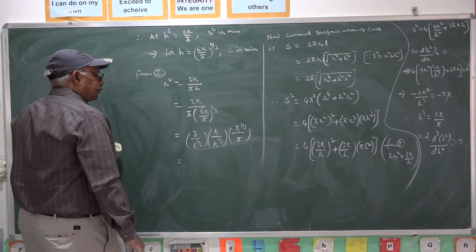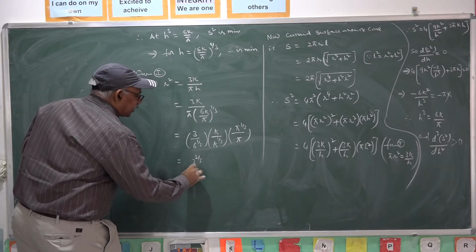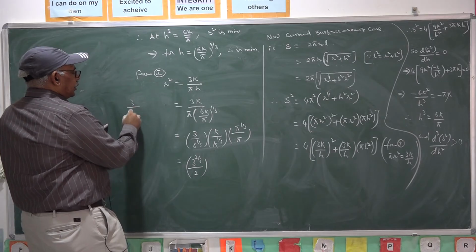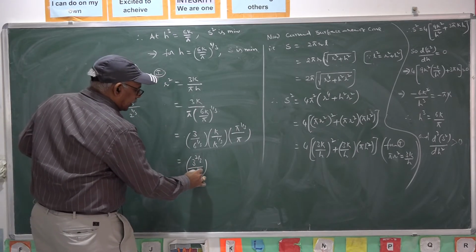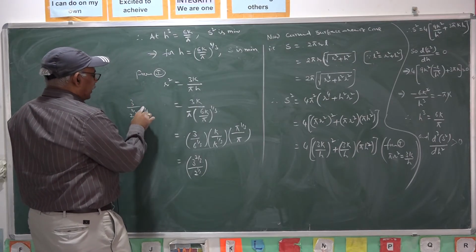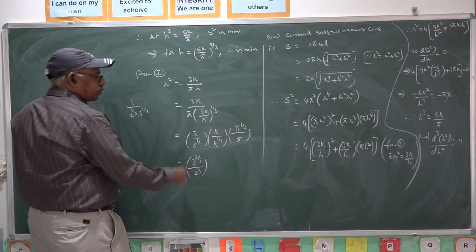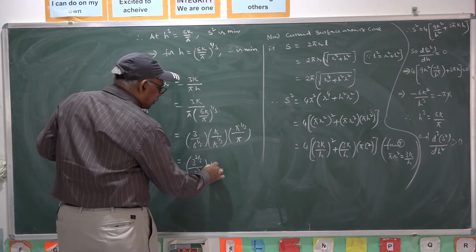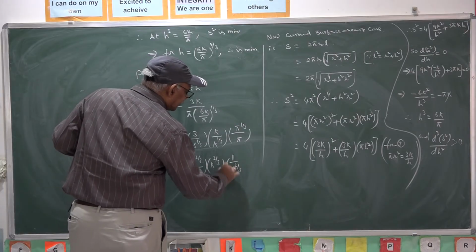Now, this can be written as 3 power 2 by 3 by 2 power 1 by 3, into k power 2 by 3, into 1 by pi power 2 by 3.